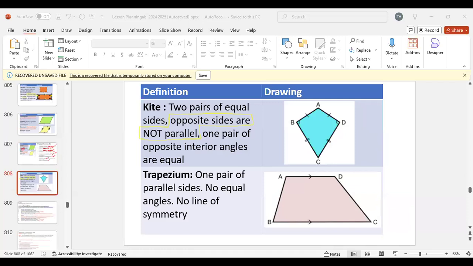Say symmetry. Good. And Delvon, read the definition of trapezium. One pair of parallel sides, no equal angles, no line of symmetry.